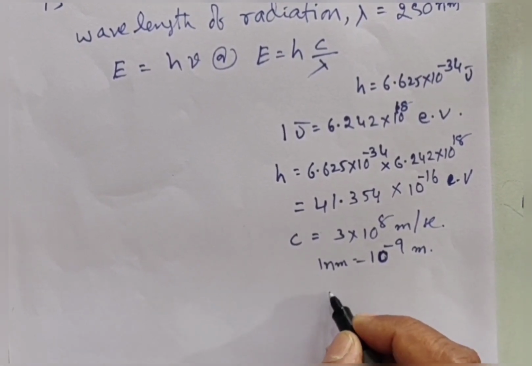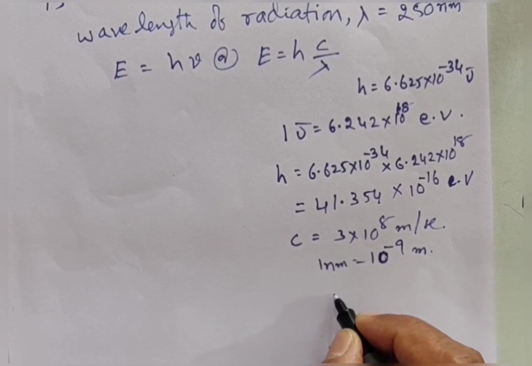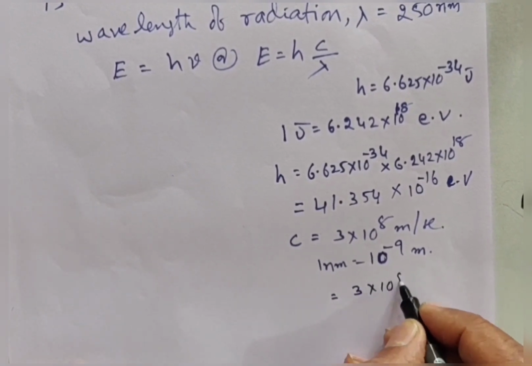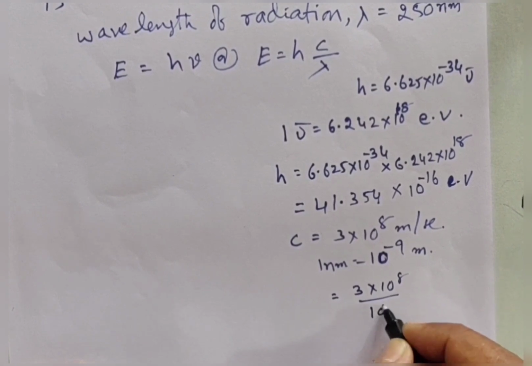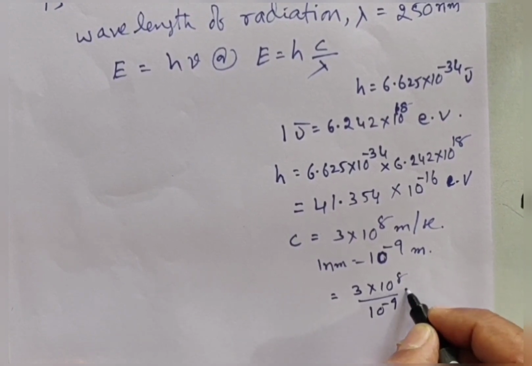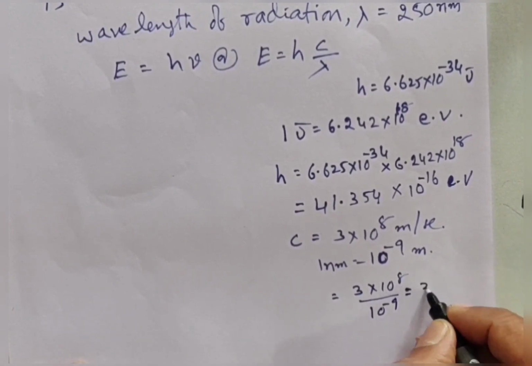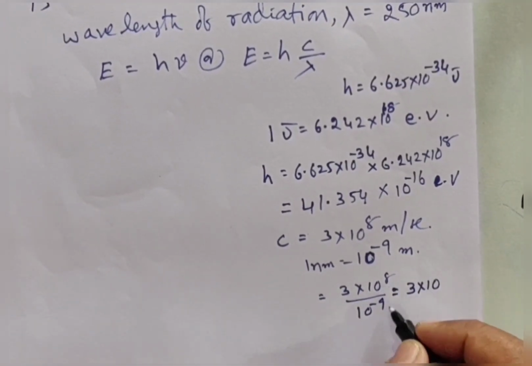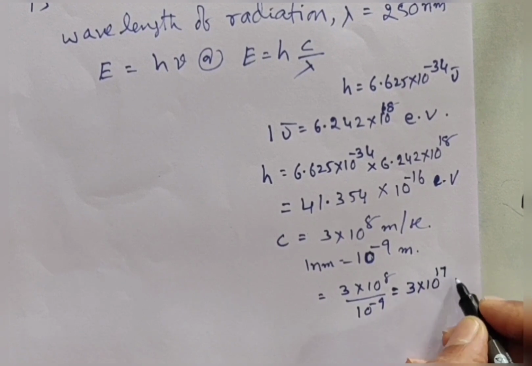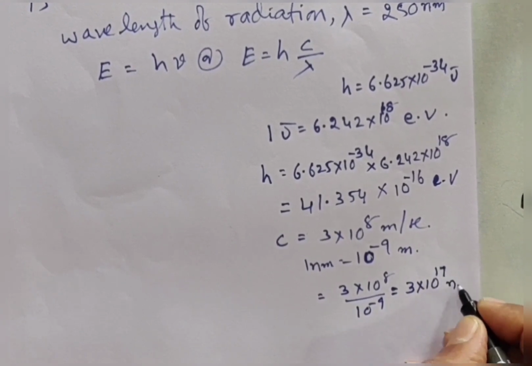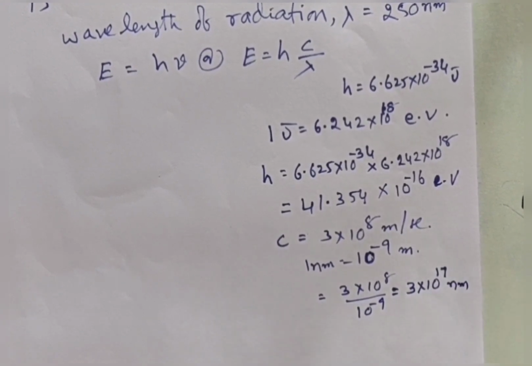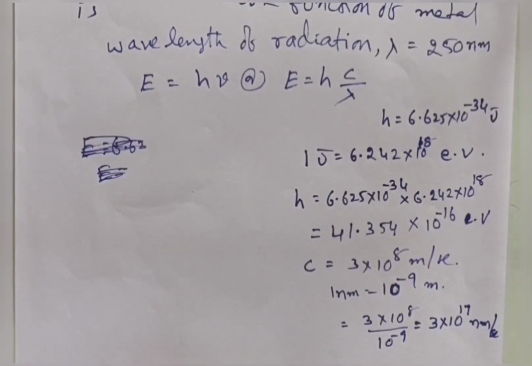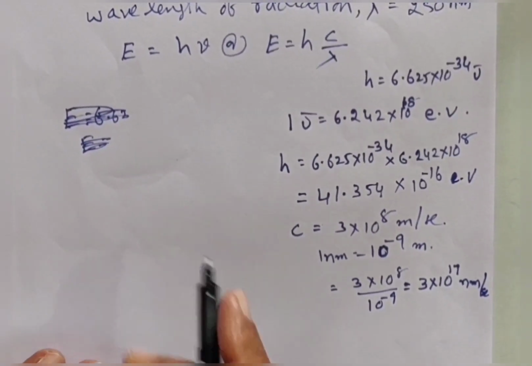Then here we will get 3 into 10 power 8 by 10 power minus 9, so that is equal to 3 into 10 power 17 nanometers per second.